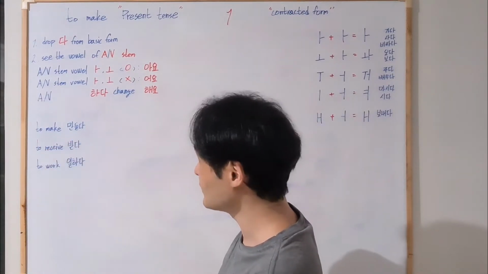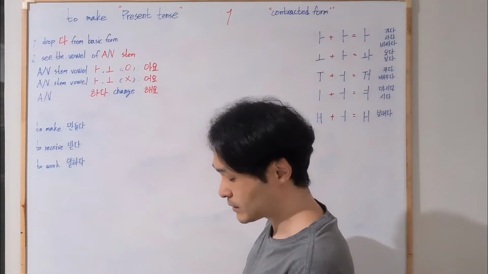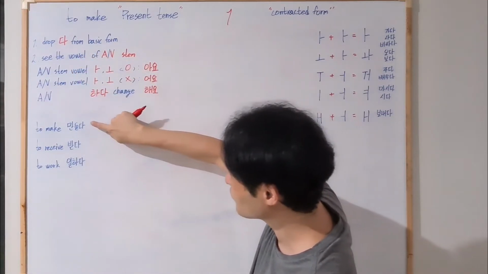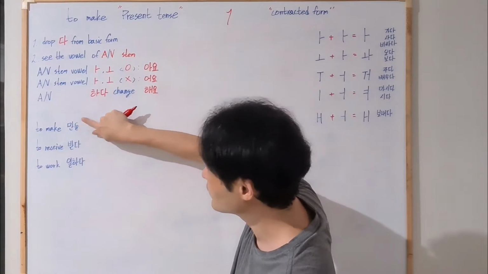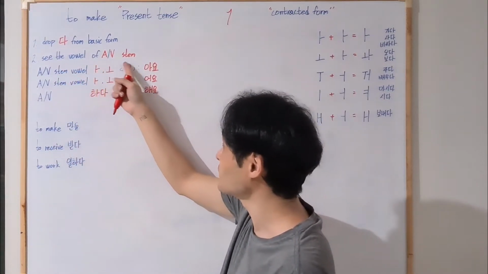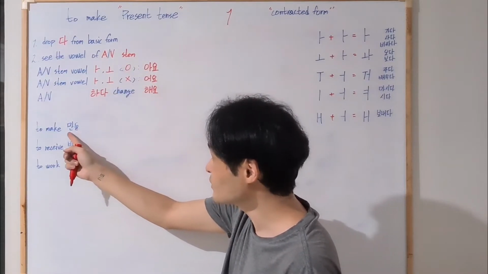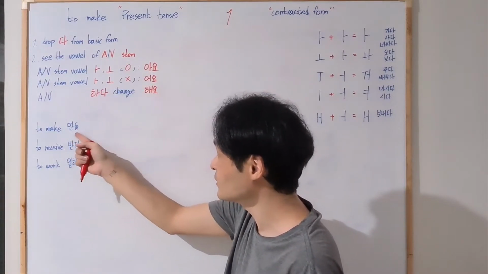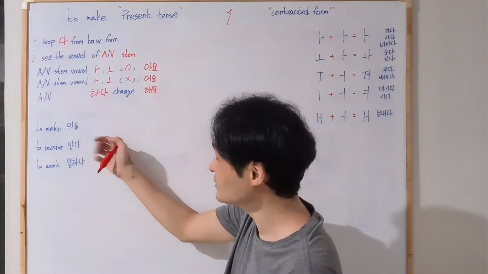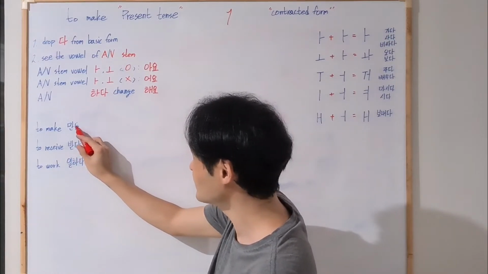To make 만들다: rule number 1, drop the 다 from the basic form. We don't need the 다. Rule number 2, see the vowel of the verb stem, not this one, always the last one here. What is the vowel? It's 르.